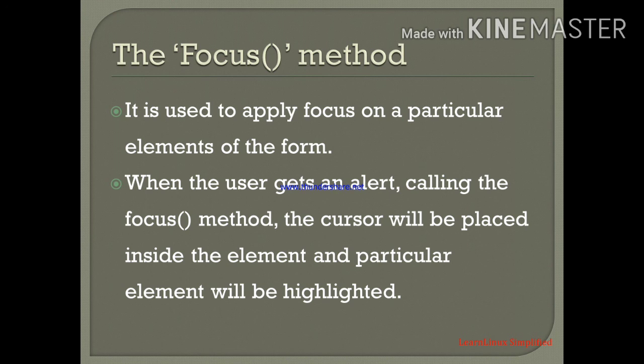While clicking on the OK button of the alert message, the particular element should be focused. Suppose a user enters a wrong entry in the first name text box. After getting an alert message, the cursor should be blinking in the first name text box only. So to focus a particular element or object, we use the focus method.